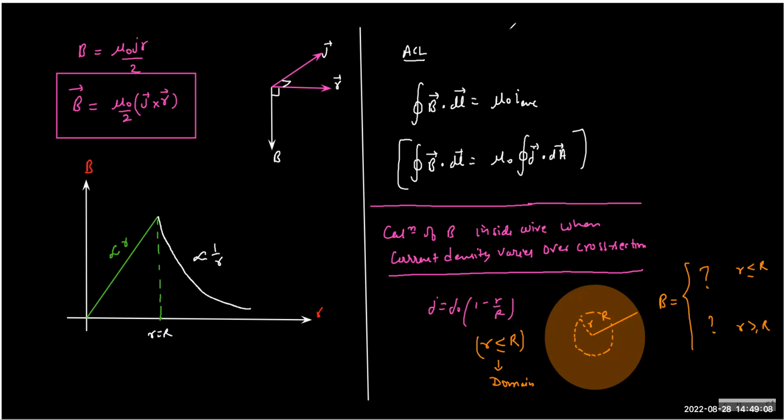Sir, for r less than capital R, I'm getting mu naught J r times (1 by 2 minus r by 3R), sir. I didn't take the by 2 term.